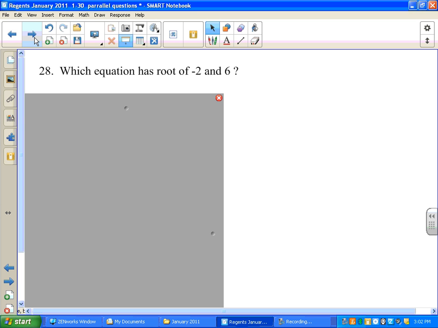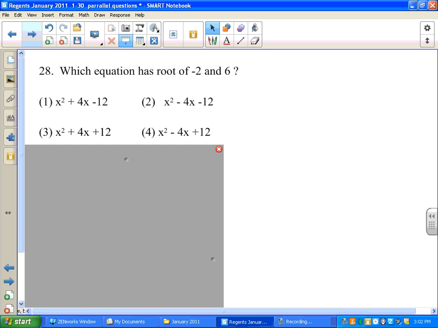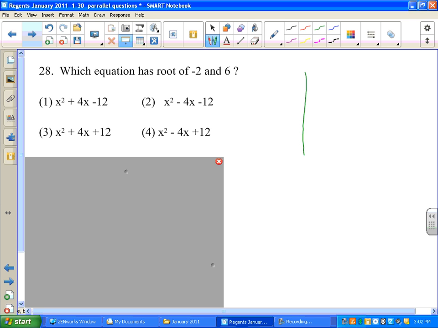Number 28, which equation has a root of -2 and +6? There's no way to do this problem without at least looking at the choices, and we see that they're all quadratics. So a quadratic equation has a root of -2 and +6.